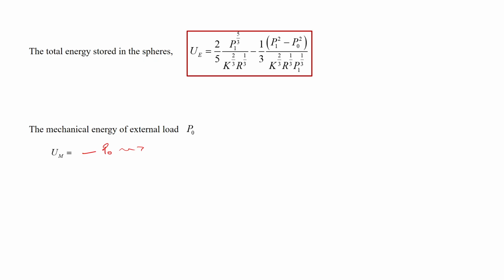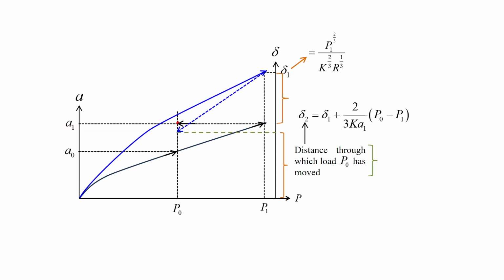So, here what is the distance that P0 has gone through? See, when the load was increased from 0 to P1, the load actually went through a distance from 0 to delta 1 here, because this is the Hertz pressure. This blue is the delta versus P here. So, when you increase the pressure from 0 to P1, the delta actually went to delta 1.